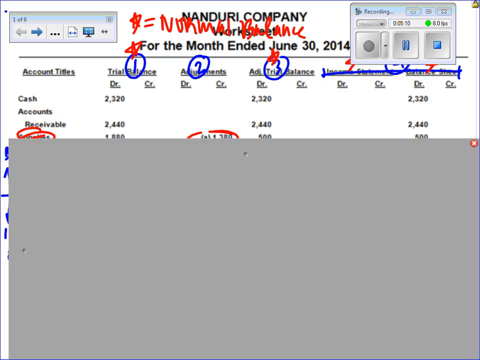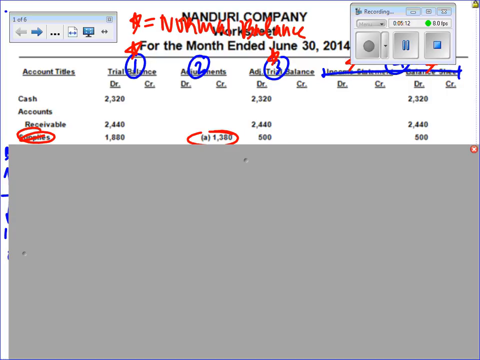Now what's going to happen next? Whoa. We jump in our supplies car, $1,880. Is it smooth sailing? No, we have this major road bump that's stopping us. So if we have a debit with a credit following, are we going to pick up those friends or are we going to ditch them?